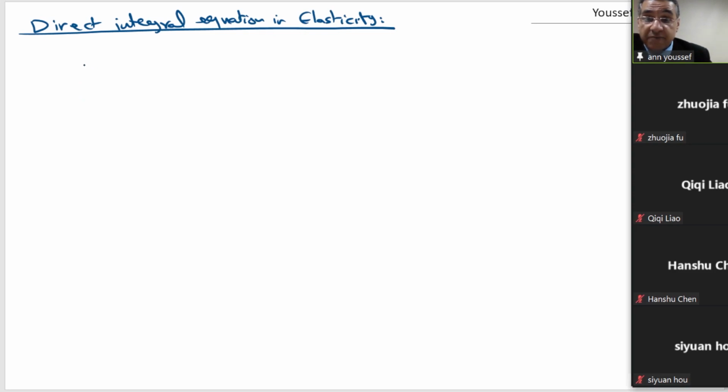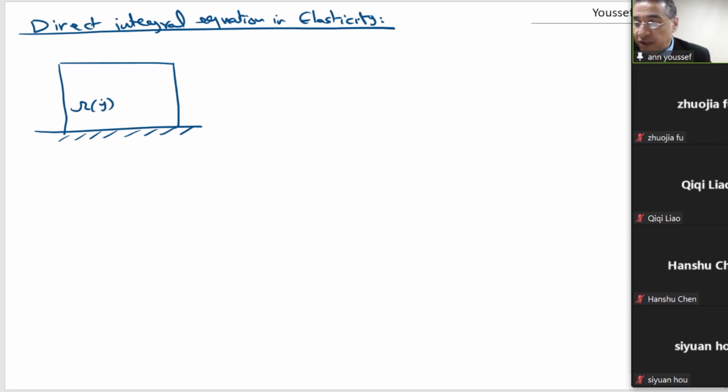For example, if I have my problem here, something like a wall like this, with our domain gamma of y, any point here y. When y moves on the boundary, we'll give it the name x. So we'll have here u1 of x, and we'll have u2 of x.